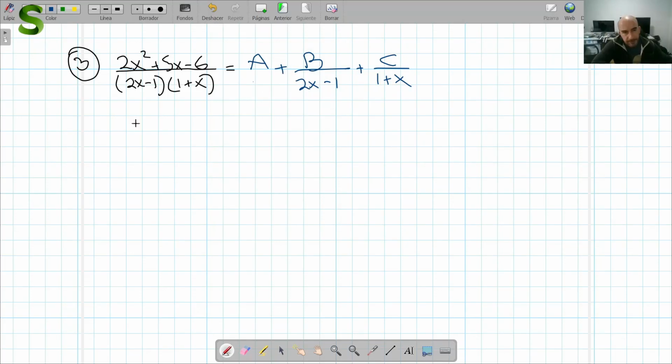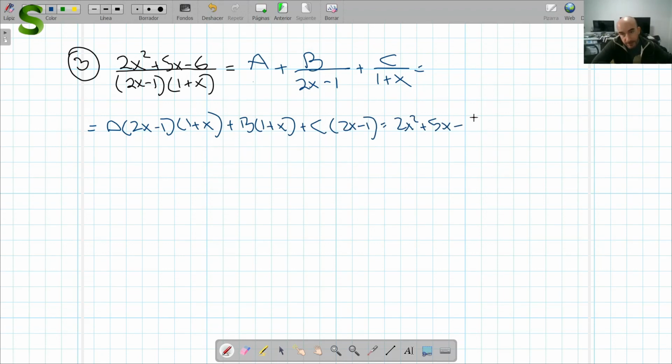If we do this, that's going to be a times 2x minus 1 times 1 plus x plus b times 1 plus x plus c times 2x minus 1 is going to be 2x squared plus 5x minus 6.